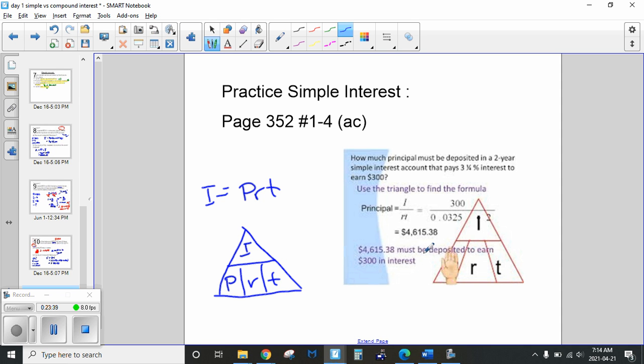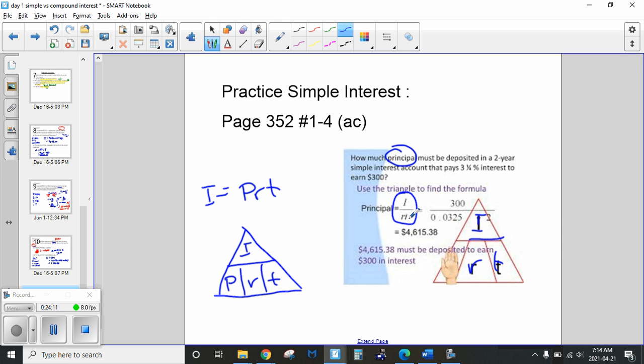And what you see with the hand there is, if you have a question where you're not solving for interest, but you're solving for principal instead, so how much principal must be deposited, I algebraically rearranged that equation in my example. But another way of doing this is using the triangle and saying if you're solving for principal, hide that part of the equation, and that lets you see the other side of the fraction.